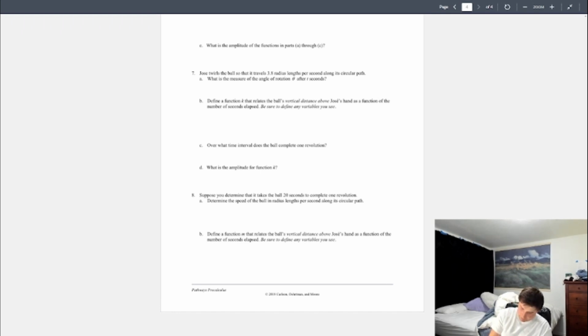Check with professor. B. Define a function m that relates the ball's vertical distance as a function of the number of seconds elapsed. Well, now that I have radius lengths per second, actually I had feet per second. 0.313 radius lengths per second.